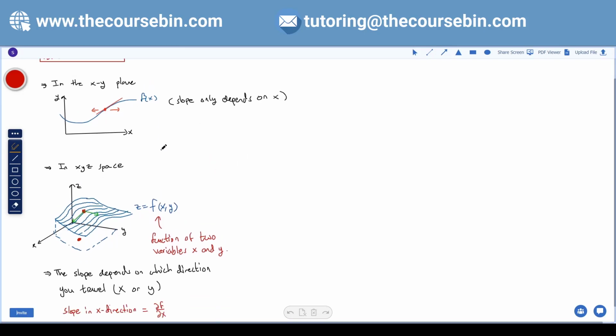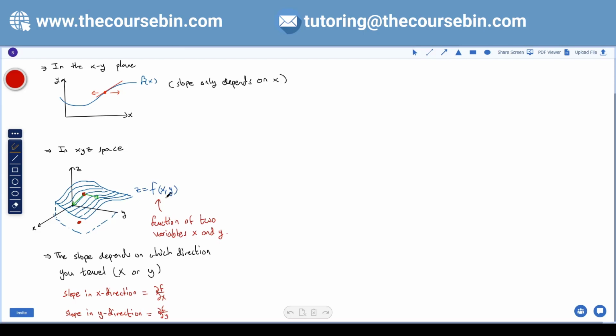But then how does it equal z? Based on the values of x and y that you have, this function's output is a z value. So if x is 3 and y is 4, you're at the point 3 comma 4, maybe over here. That 3 comma 4 corresponds to a point up above the xy plane.